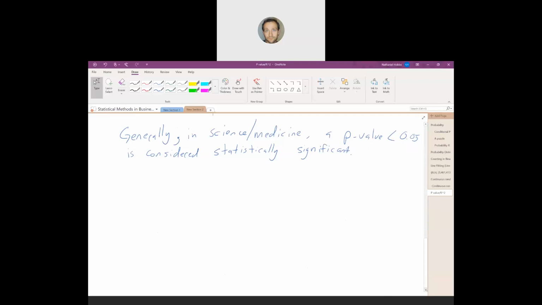There's 1 time out of 20, or 5 times out of 100, where you might be wrong about this. But being right 95% of the time seems significant. You're not right 50% of the time.